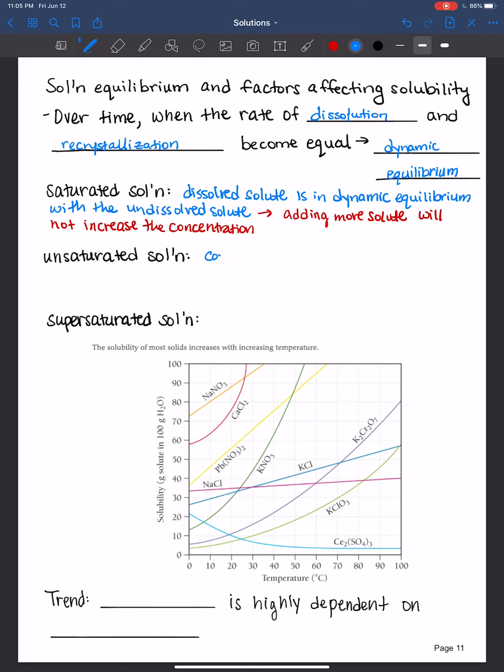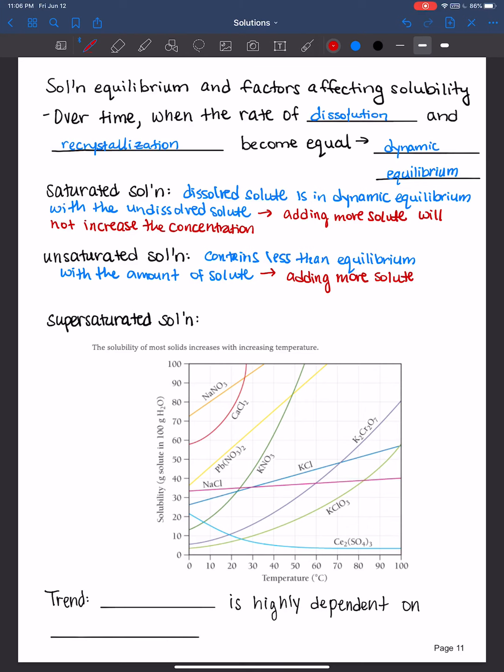This solution contains less than equilibrium with the amount of solute, and adding more solute will increase the concentration.